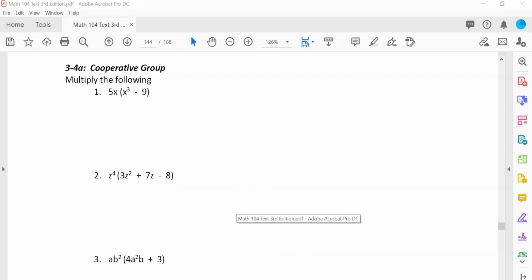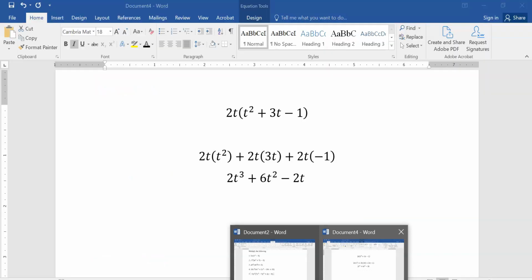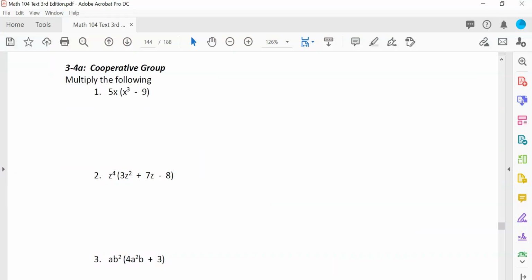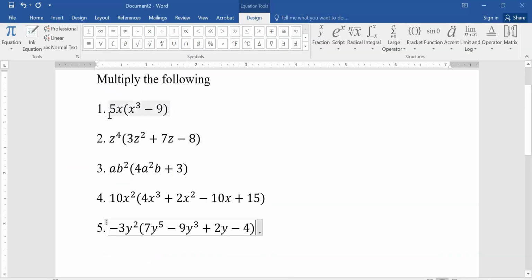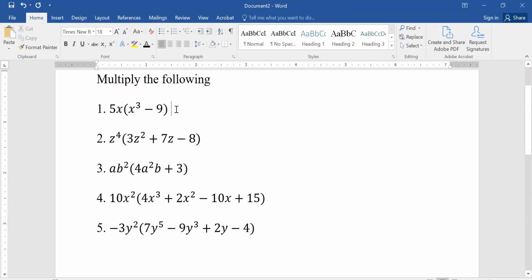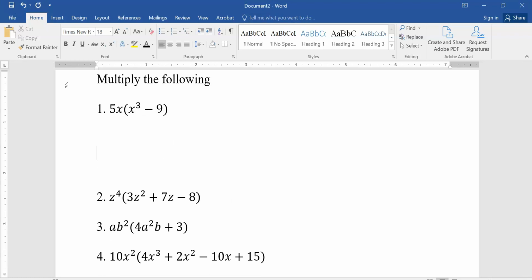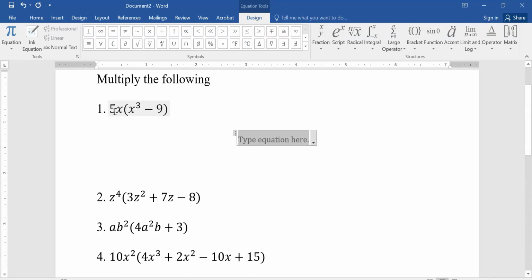All right, so hopefully you went ahead and did that. So let's take a look at these cooperative group problems. Hopefully I wrote them down correctly. Problem number 1 says take 5x and multiply it times x to the third minus 9. When you multiply 5x times x to the third, you end up with 5x to the fourth.